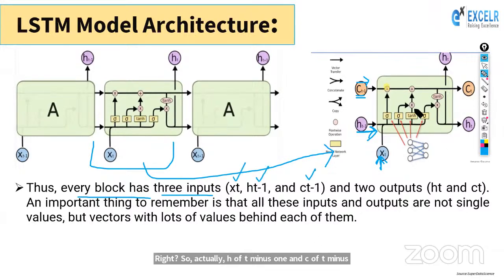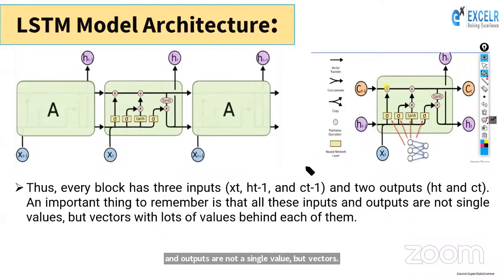And we have two outputs for each and every block: the output of the hidden state or hidden node for the current time instance t, h of t, and the current cell state, c of t. The important thing to remember is that all of these inputs and outputs are not single values, but vectors. As I told you, most of the time we use the LSTM architecture for text data analysis.